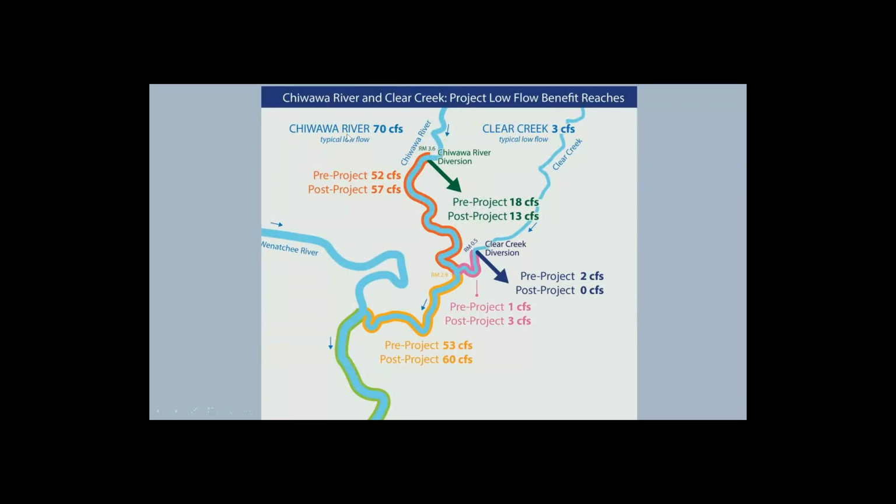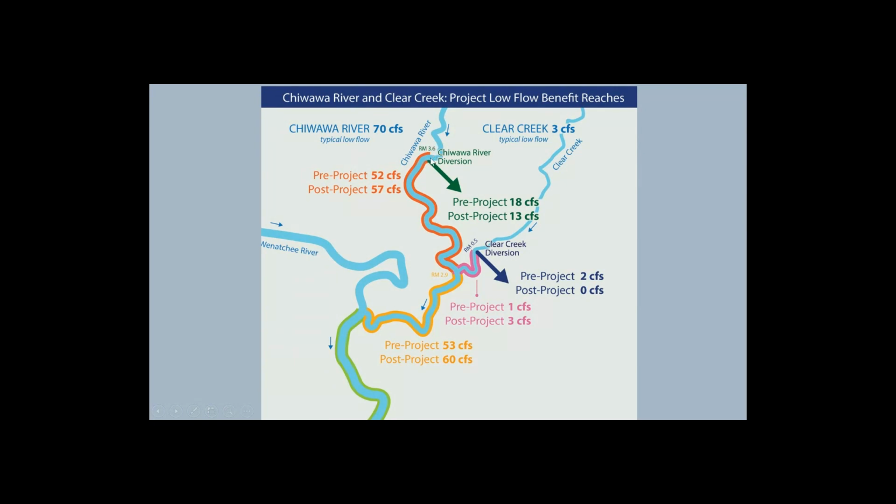Starting up here on the Chihuahua River, the typical low flow is about 70 CFS, so we picked that for this graphic. We've seen flows in the Chihuahua during low flow periods drop below 70 CFS, but for discussion purposes today, that's the number we picked.